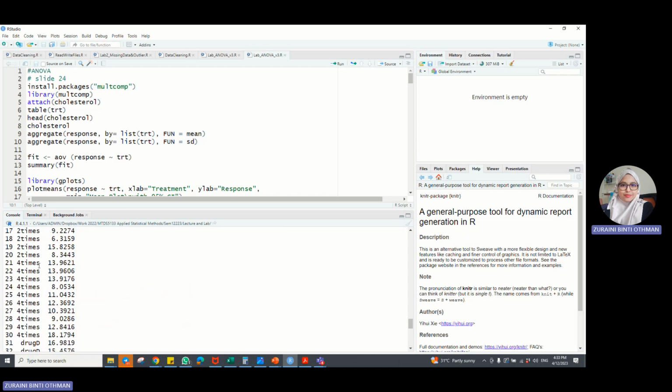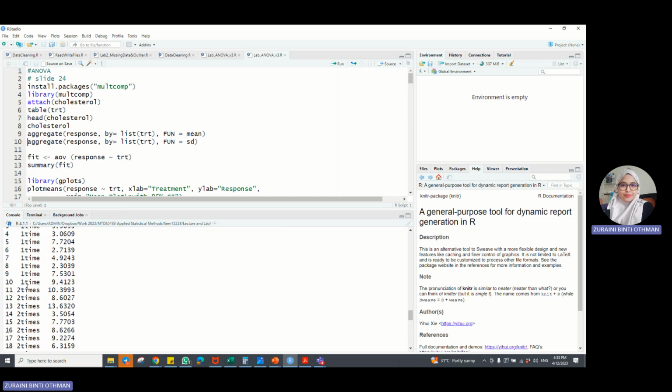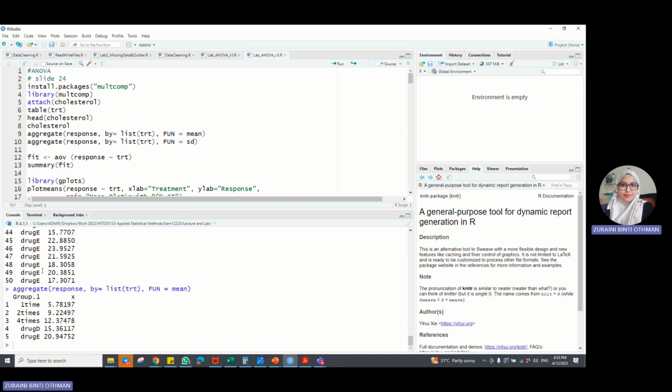From the mean, it appears that drug E produced the greatest cholesterol reduction, whereas one time produced the least.